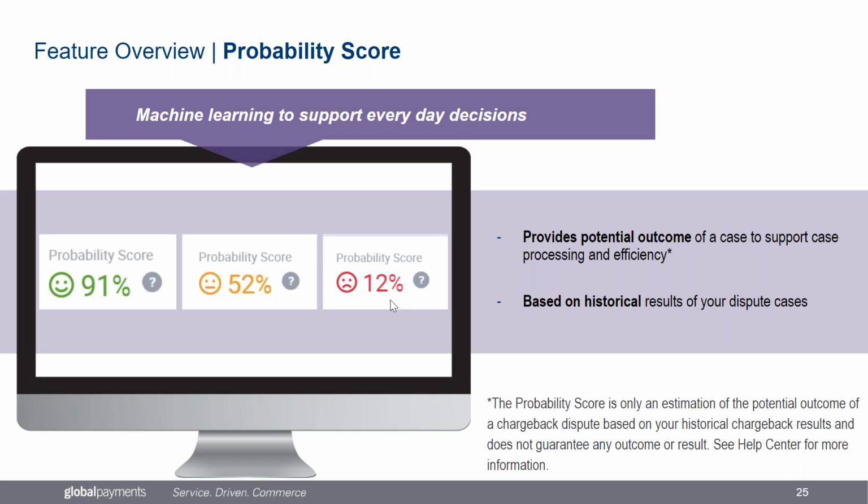It's a potential outcome. It's based on historical information across our whole portfolio, including your data as well, and it's looking at 3 years worth of information. I'm pretty confident. We had some smart people working on this, and we're pretty confident about the scores. But again, it's just a potential outcome.